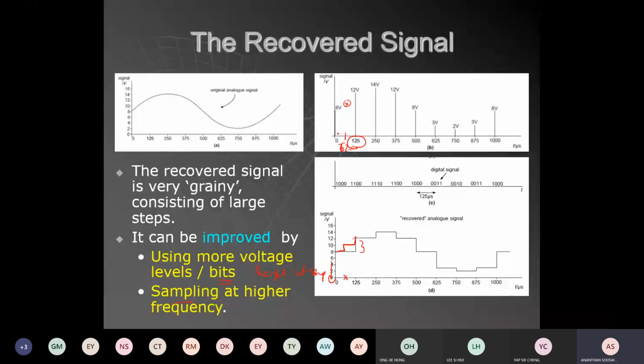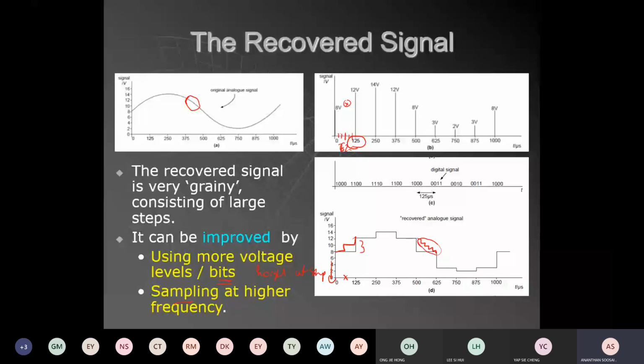Or if you take more samples, let's say you take 5 samples in 125, then this one step can have 5: 1, 2, 3, 4, 5. This is more accurate in portraying the analog shape.